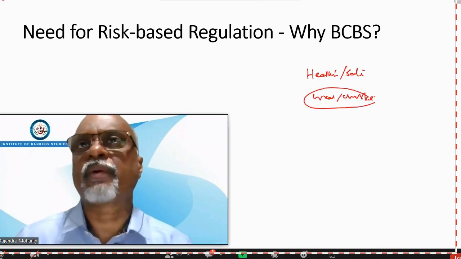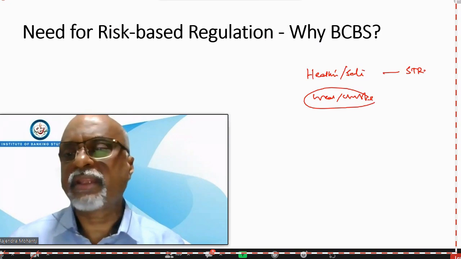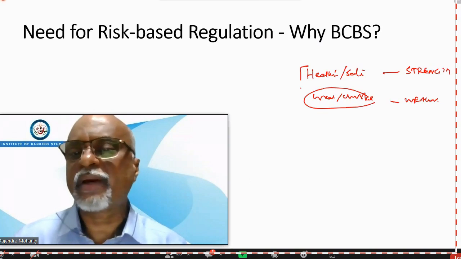People will also know about that. So basically, it is about the strength. This will tell the strength or the weakness. So that benchmark has to be there.